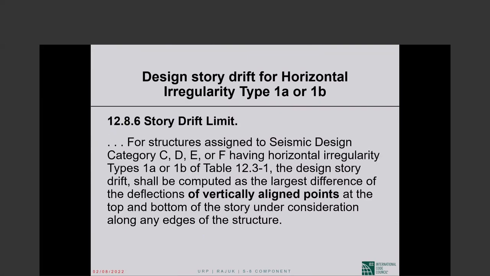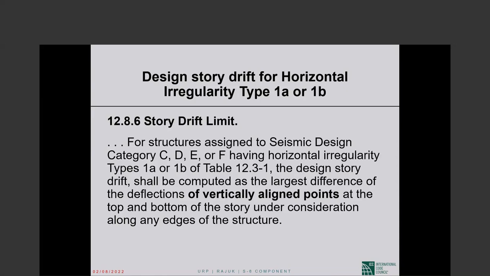And what this is, if you don't have torsional irregularity, interstory drift. Interstory drift, remember, is deflection at the top of the story minus deflection at the bottom of the story. Now, typically, we calculate the deflection at the center of mass. And that is not good enough if you have significant torsion.